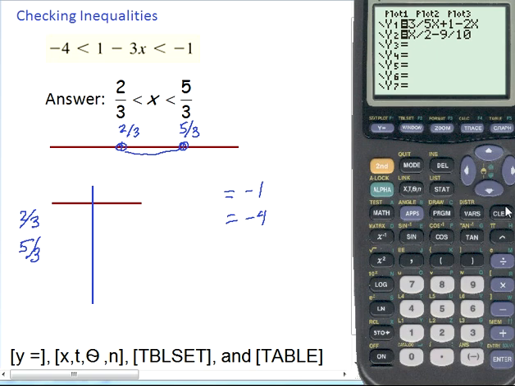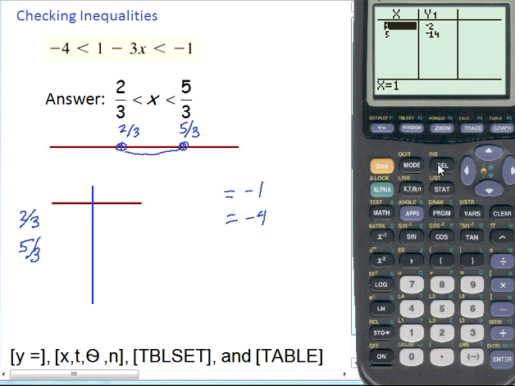Alright, and so let's clear what's in there and go up to y1, and then put in the expression 1 minus 3x, and then go to the table feature, delete what's in there, and then put in 2/3, 2 divided by 3, enter.